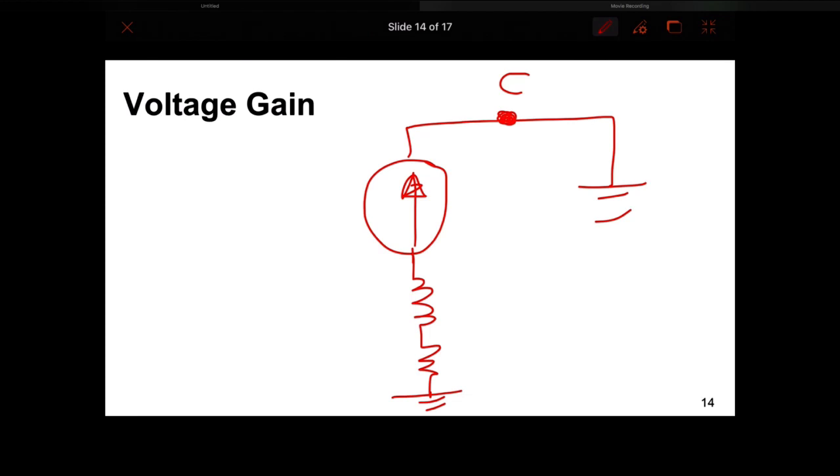I'm going to draw these out in just two little bits. I think this may be a little bit better.